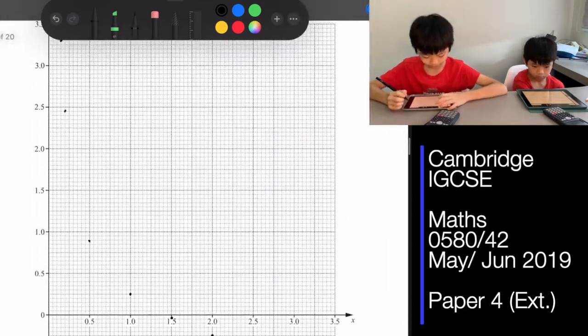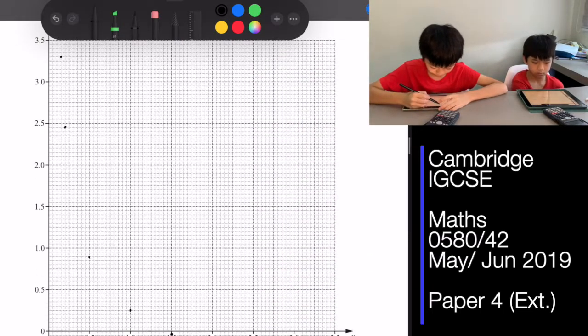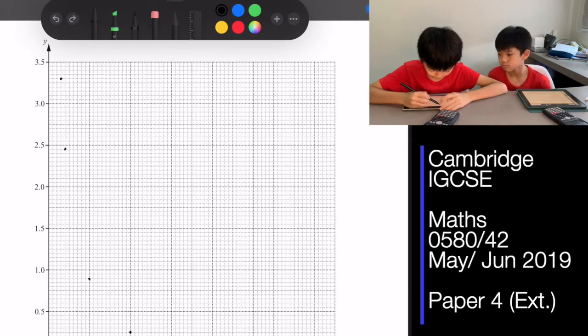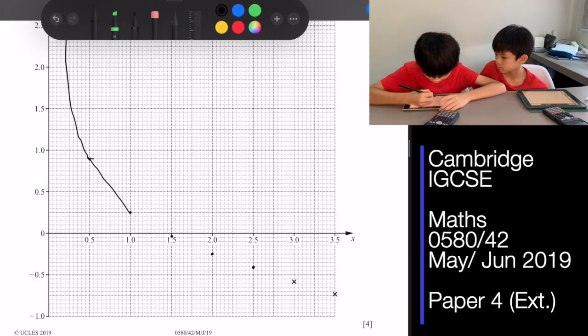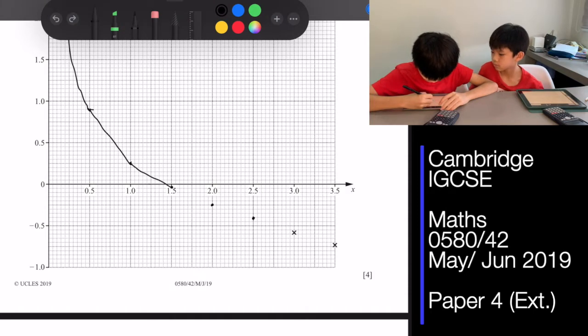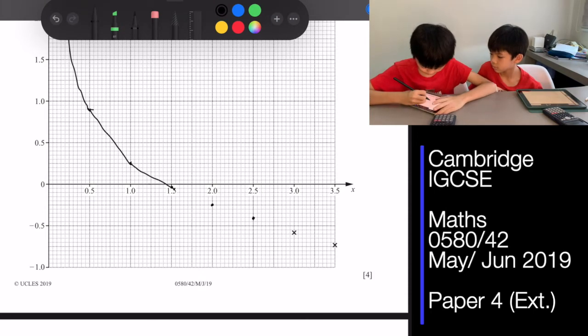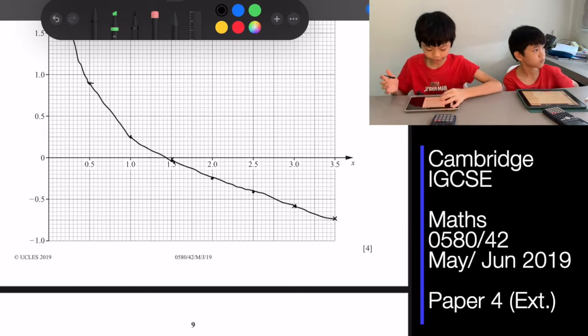Alright, it makes sense. It's gradually going downwards and then slowing down. We'll match the line. Okay, it should look something like this.